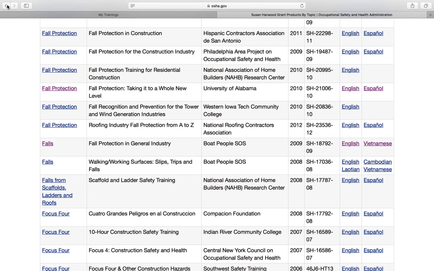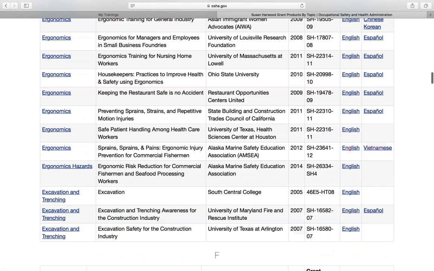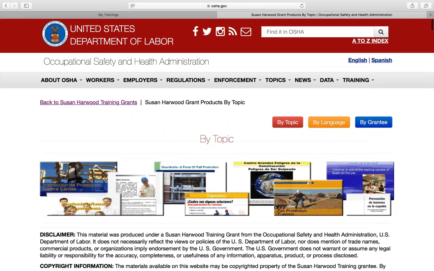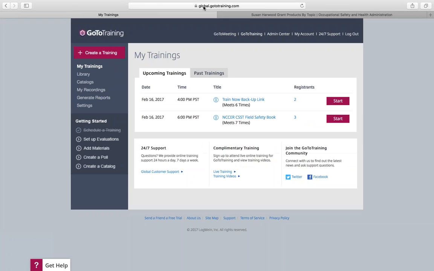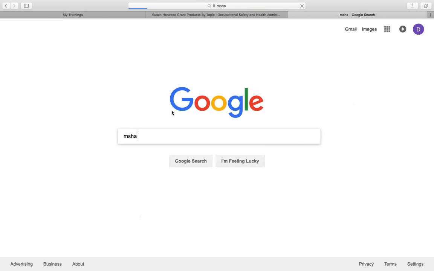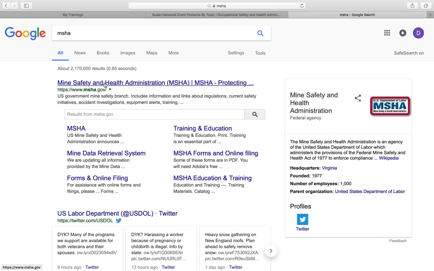And then you have MSHA. I don't think there's anybody on with MSHA tonight. I thought I might have seen one person, but let me pull it up just in case. Okay, here you go, Mine Safety and Health Administration.